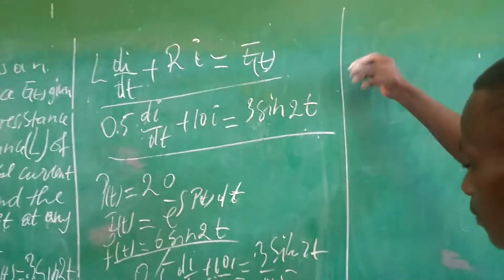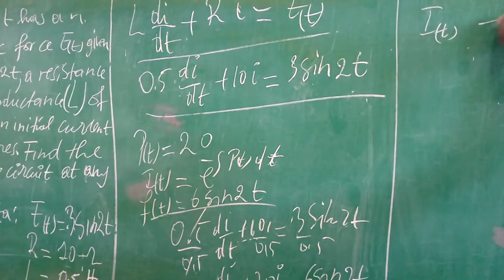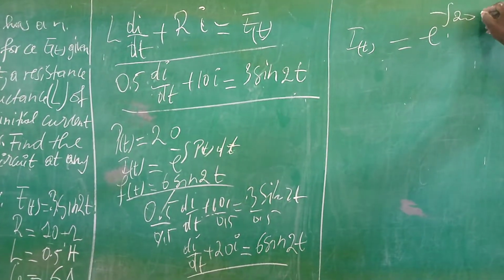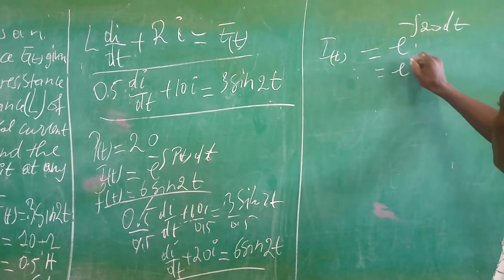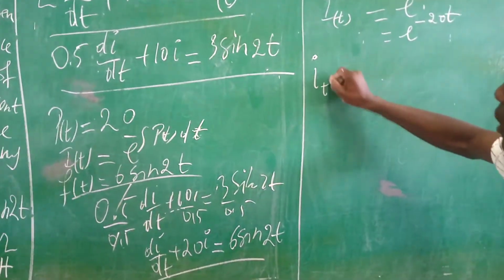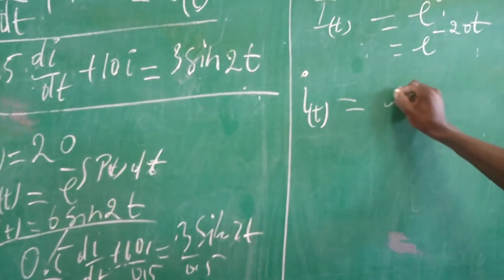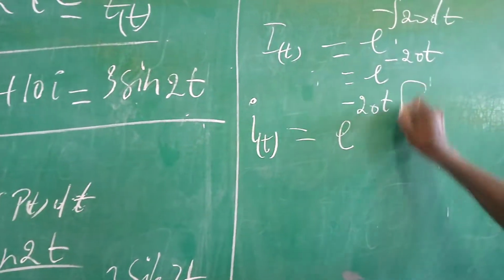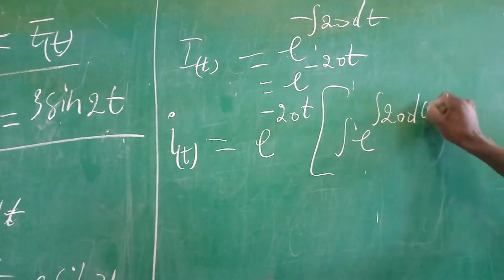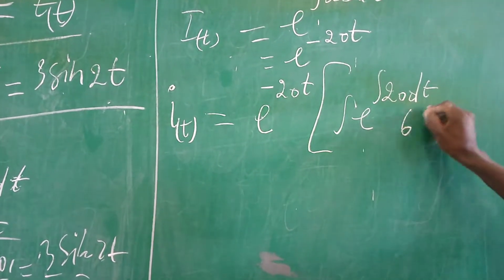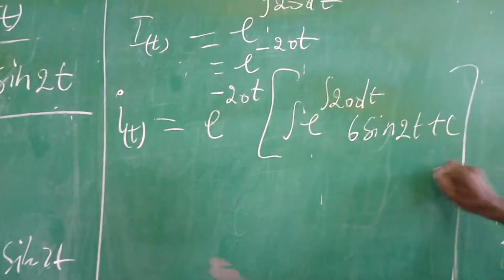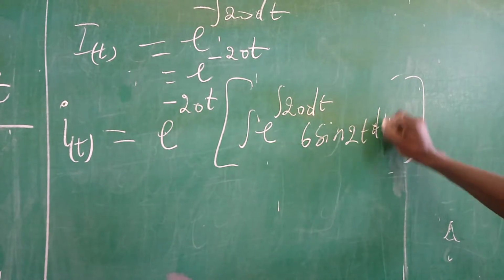So let's put that value in the equation. The integrating factor is e to the power of the integral of 20 dt, which gives e to the power 20t. Then let's find the current I as a function of time. I is equal to e to the power negative 20t times the integral of e to the power 20t times f(t), which is 6 sin 2t, dt, plus c.